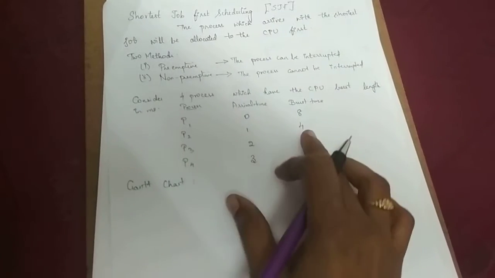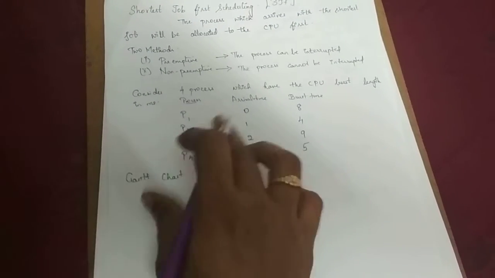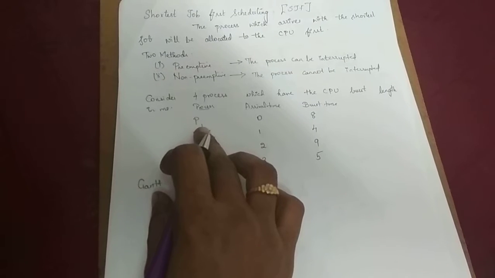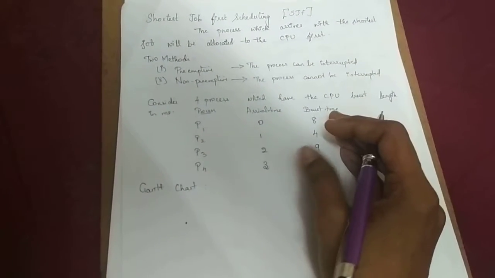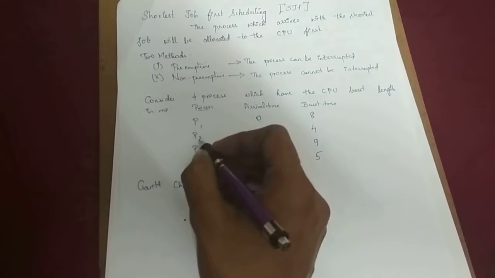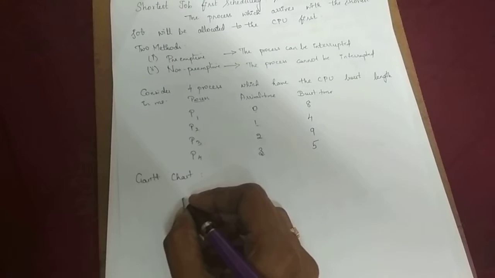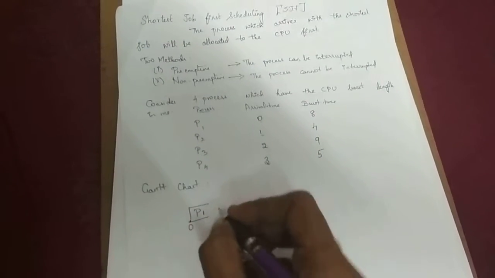At the arrival time of 0, we don't have any other process. Only P1 is there. So we can't compare it with some other process, because P2 is entering at 1. So we just start P1 at the 0th second.